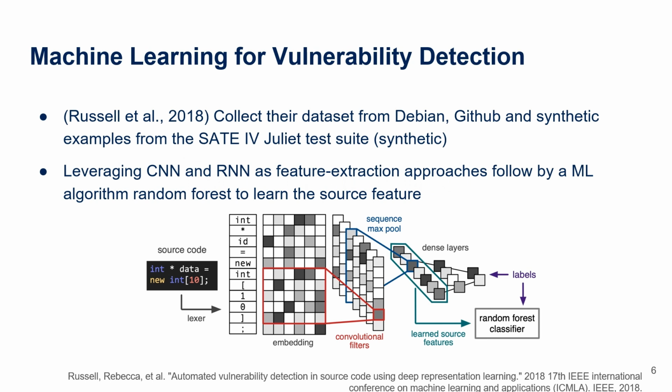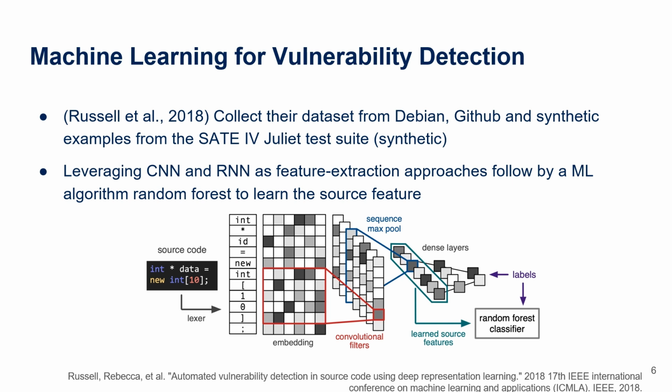Firstly, the application of machine learning in vulnerability detection is highlighted. The dataset used by the authors comes from Debian, GitHub, and synthetic samples from the SATE IV Juliet test suite, with all samples written in the C language.